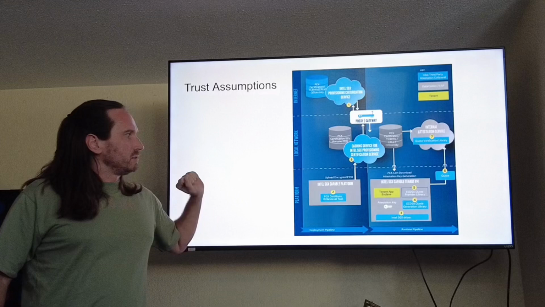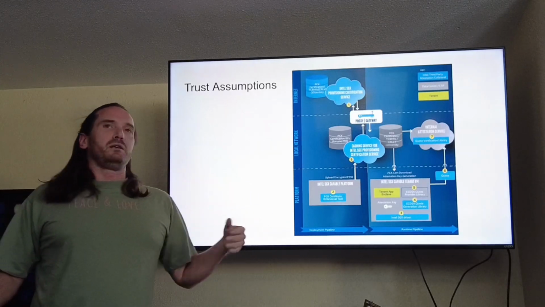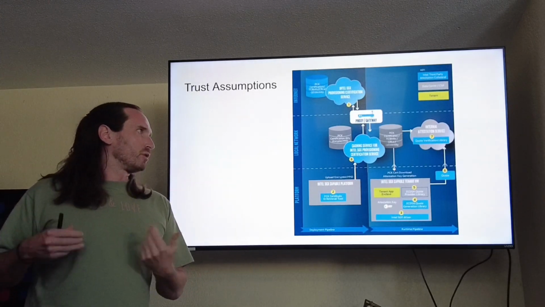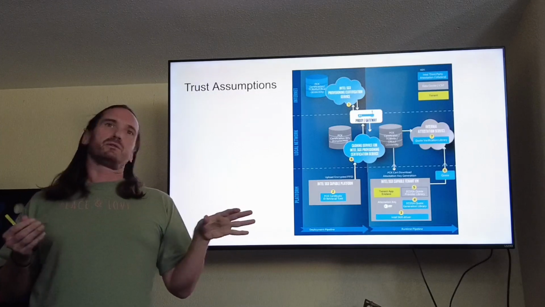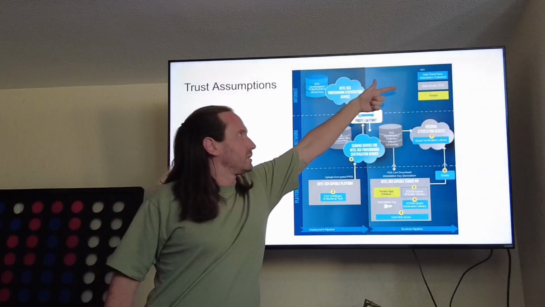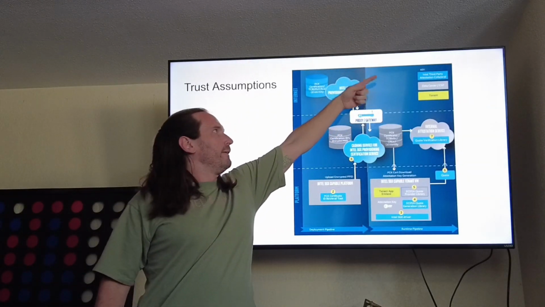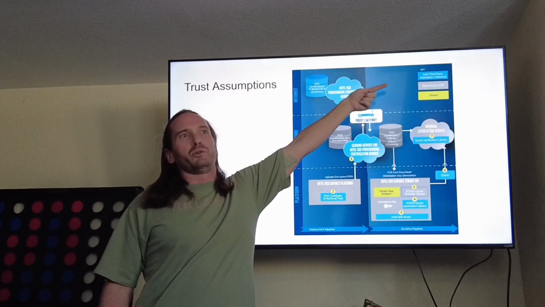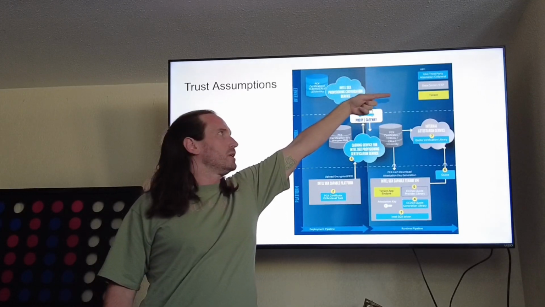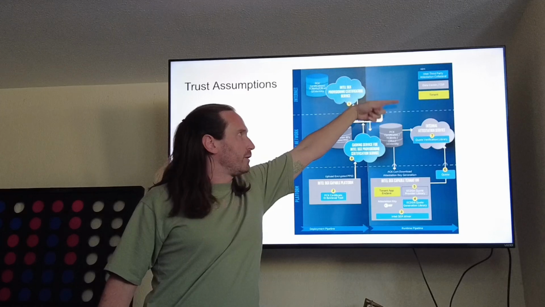This is a weird Intel diagram, but there's essentially three owners of cryptographic material in this ecosystem. There's Intel, the keys that Intel manages and owns. There's your cloud service provider or your decentralized service provider, and there's you.